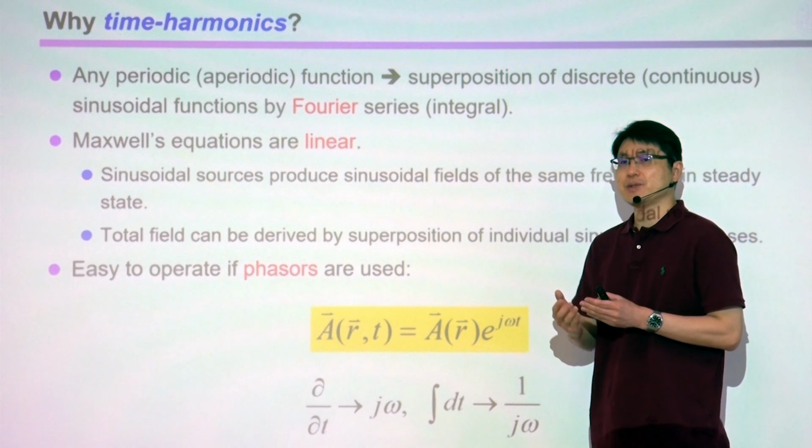We want to explicitly write the time domain dependence, e^{j omega t}, out as an independent part, and only the spatial part is the one to be solved. And this also means we have to assume we know the operating frequency. Exponential j omega t, so you have the time dependence, and you also have a designated frequency.